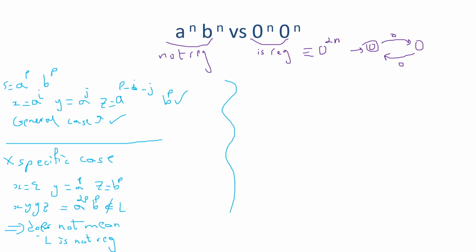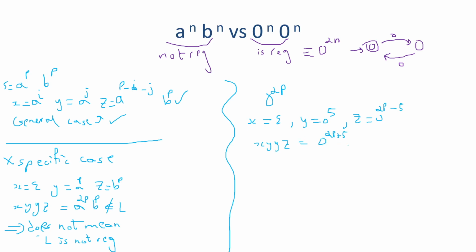So like, I'll try to do this for 0^n. So I'll say, oh, 0^P, and I'll say X is epsilon, Y is like some 5 zeros here, and Z is everything else. So Z is 0^(P-5). If I try to pump up here, so if I say x, y, y, z, I'll get 0^(P+5).